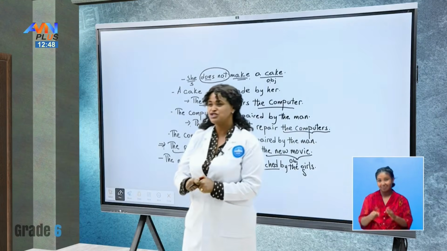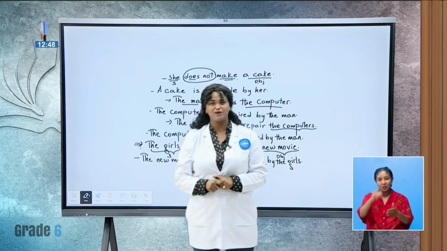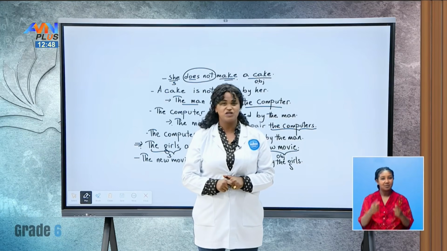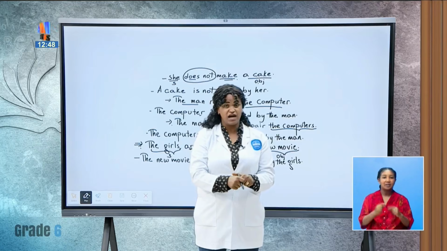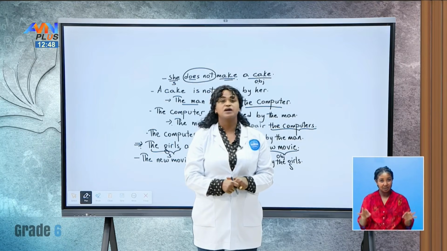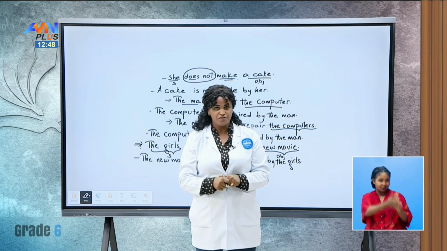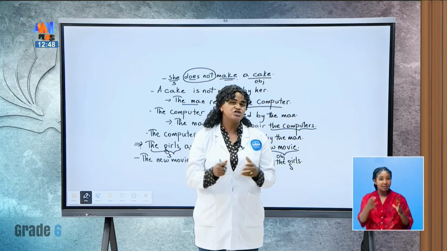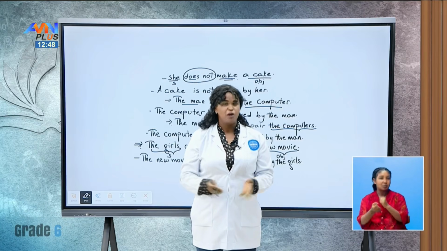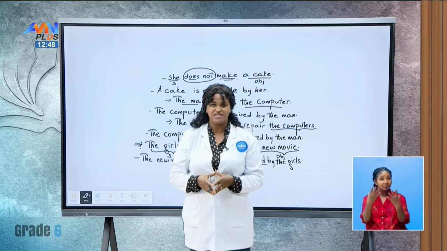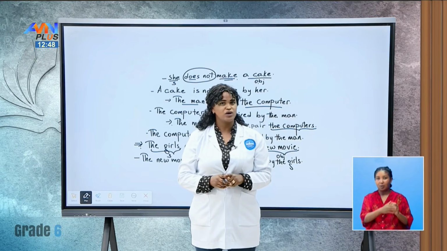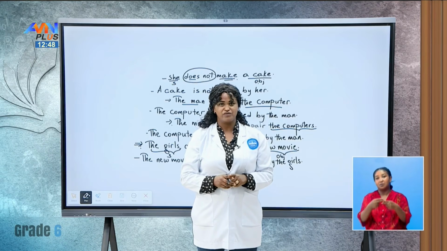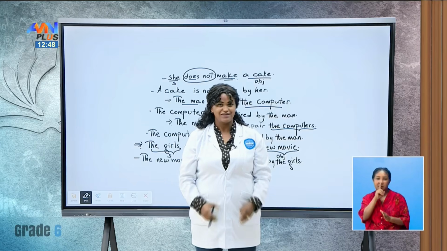Thank you very much. So today we have seen the passive and active voice sentences, right? And we said that in an active voice sentence, the subject is the doer of the action, yes? And the verbs change according to the tense. But in the case of passive sentence, the subject is not the doer of the action. That's why we call it passive, because passive means somebody who is silent, yeah?